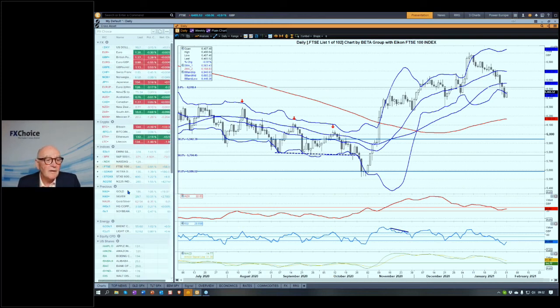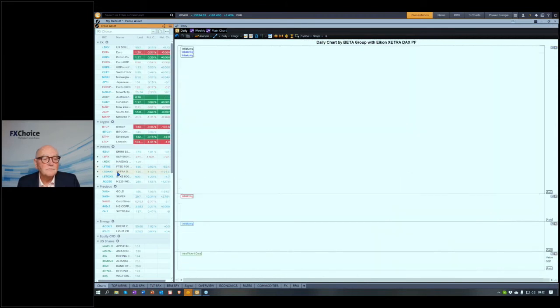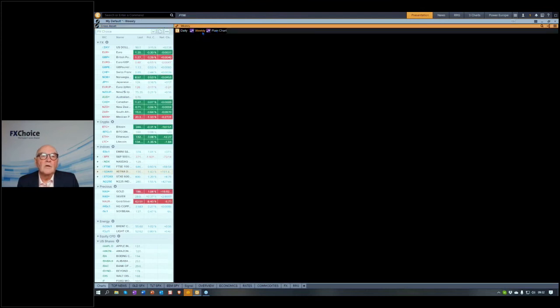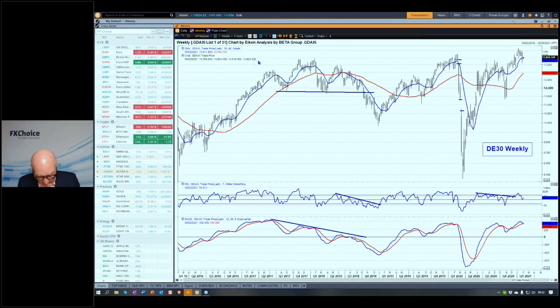Very quickly, if I've got time, I want to talk about the German DE30 here. Look at the weekly of it. It's fallen hard, but it meets very strong support from the second half of last year's consolidation.